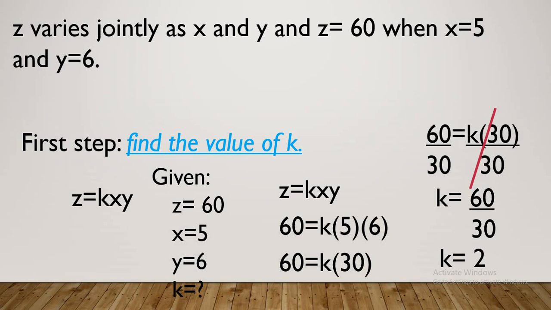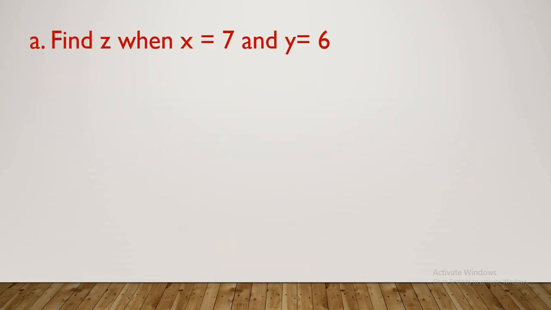Now we can solve for the value of Z. Our equation is Z is equal to 2XY. Now we will solve for the value of Z since our K is 2. These are the givens: X is 7, Y is 6, and K is 2.